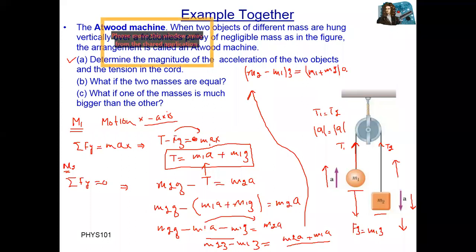If you divide both sides by m1 plus m2, this side cancels.